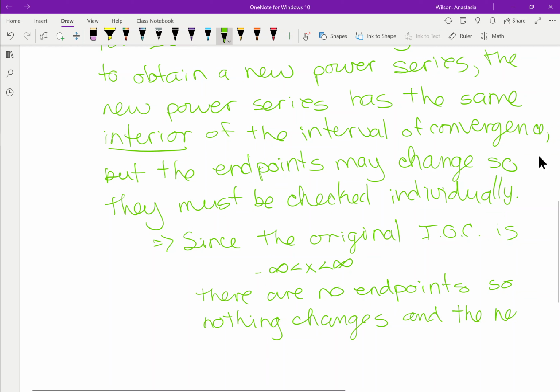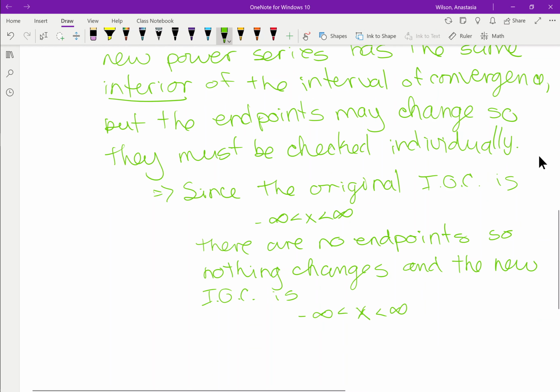And the new interval of convergence is negative infinity less than x less than infinity.